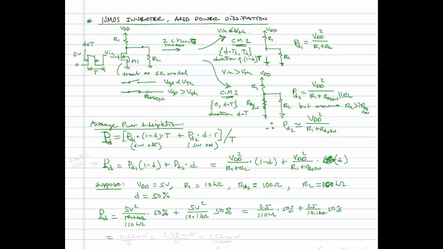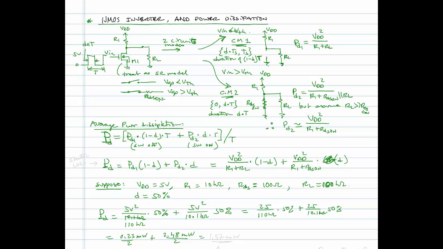And let's see, that amounts to about 0.23 milliwatts, still times 50%, so it's going to be divided by 2, plus 25 over 10.1 kilo ohms, which is about 2.48 milliwatts divided by 2.